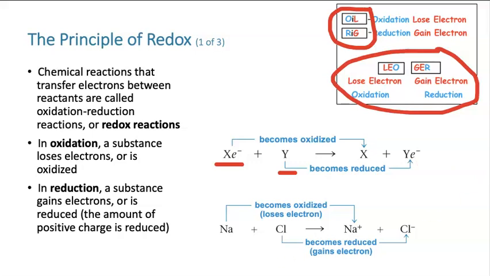You can see this in what happens with table salt, sodium chloride. When sodium and chloride join together, sodium has lost an electron, so it's become oxidized. And chlorine has gained an electron, it has become reduced.